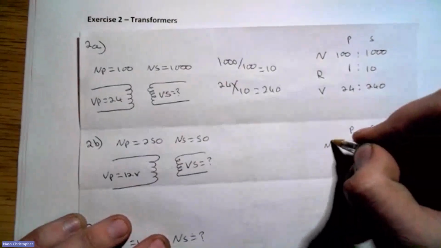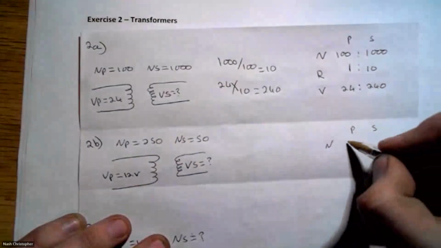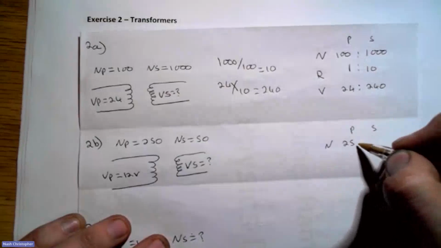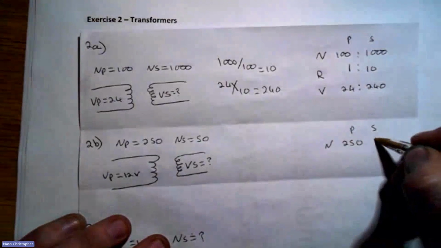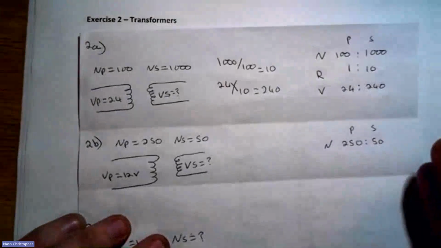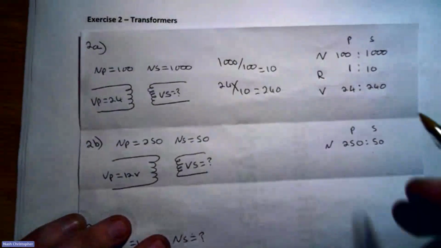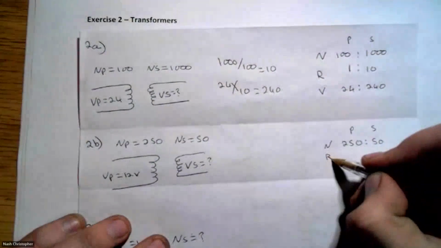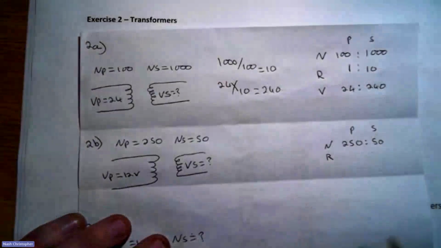So primary, secondary, primary, and this one is 250. Secondary is 50. This one's the opposite way around. The primary is larger than the secondary. Need to calculate our ratio.